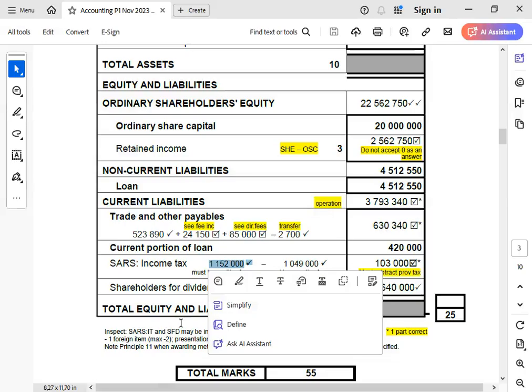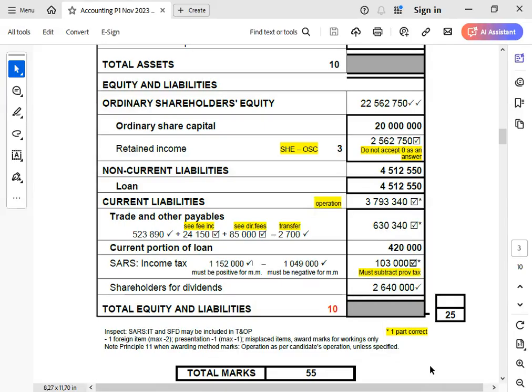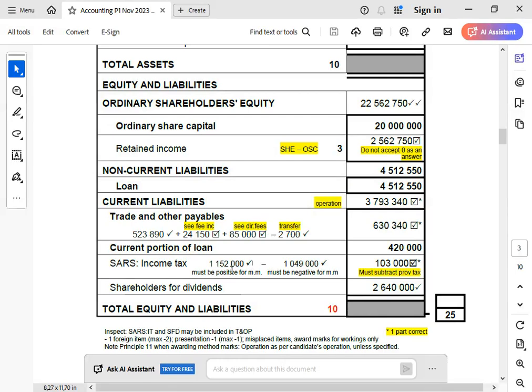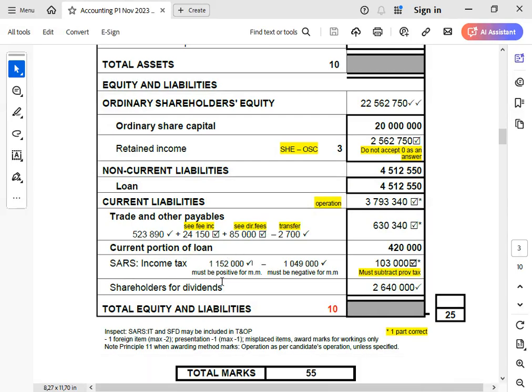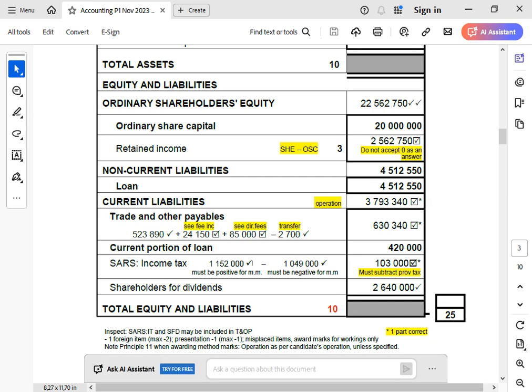Let's go back to the memo. There's the 1152. That's the income tax I'm supposed to pay, less the tax I already paid. So this one here, the 1152, I get in the income statement as the income tax. And the 1049 I found in the trial balance. This is my provisional payments.